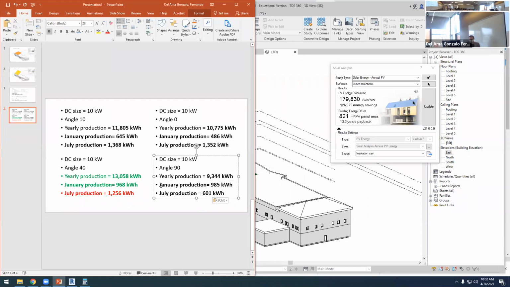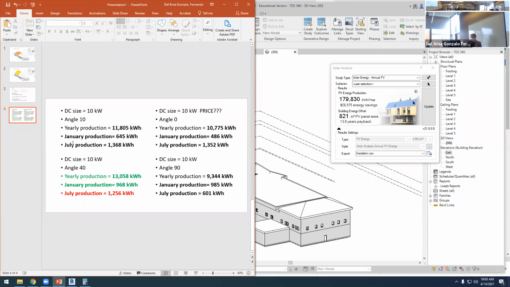If I want to use this building mainly in winter, a vertical array is not a bad option because it has the highest performance in winter, in January. Okay, so the horizontal doesn't have the highest performance in any category, but probably is the cheapest. So we're not here talking about price, but that would be another important parameter for this.